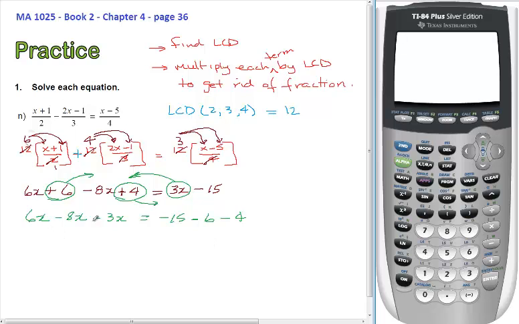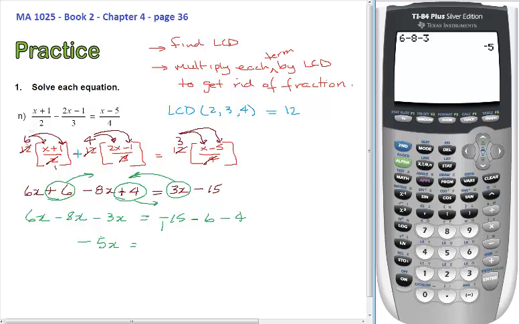6 minus 8 minus 3. If you're still having trouble with signs, go to your calculator and type it just like you see it. 6 subtract 8 subtract 3. That's going to be negative 5x on this side. On the other side, be careful: the first one has to be a negative sign on your calculator, where the other ones are subtract.